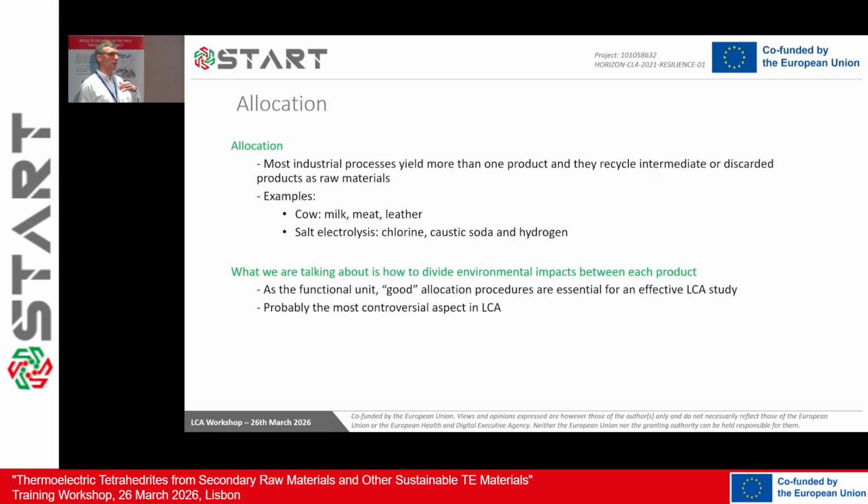The facility may generate a lot of products, a lot of outputs, but we are just trying to single out one specific output. So we encounter this issue of allocation, and what the practice of LCA tells us is that we have to do proper allocation.